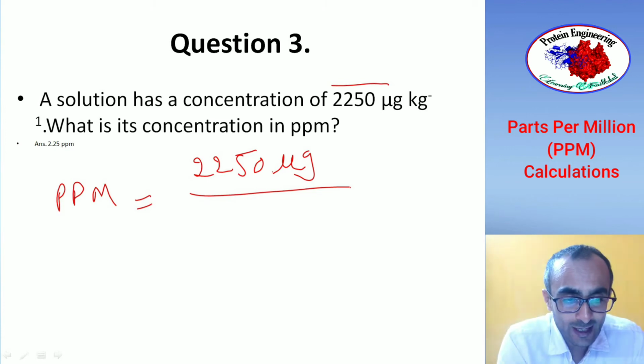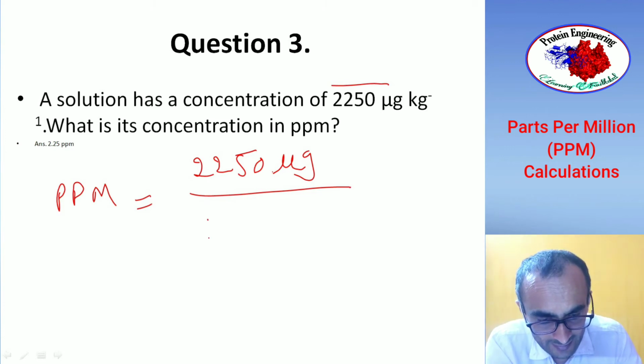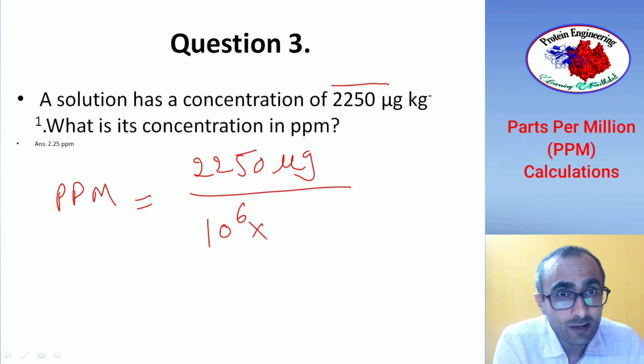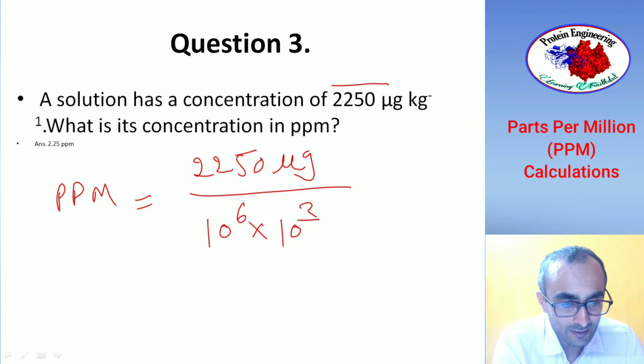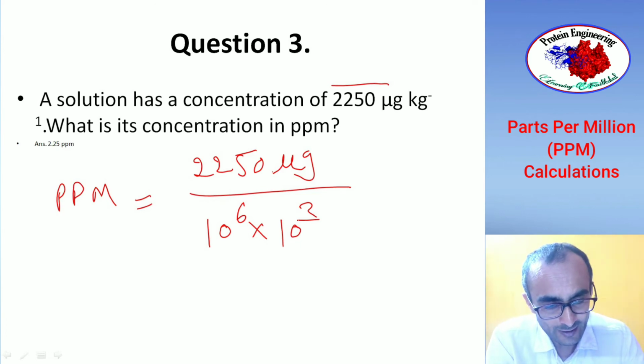We know that 1 gram is equal to 10 raised to the power 6 microgram, and in 1 kilogram you have 1000 gram, so into 10 raised to the power 3. So in 1 kilogram you will have 10 raised to the power 9 micrograms. Then you multiply with the same factor, because you are calculating ppm, so multiply 10 to the power 6.